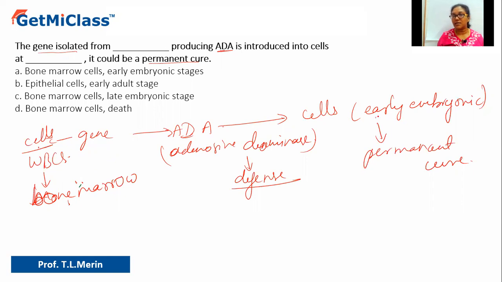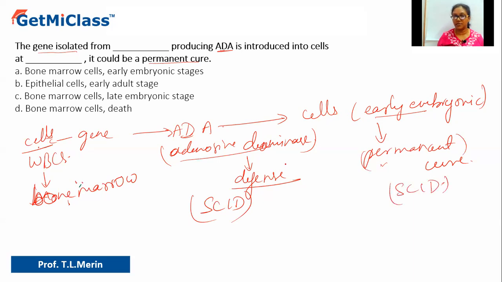So that now these embryonic cells will be capable of producing ADA enzyme, and hence their defense mechanism will be fine. Otherwise, it will lead to SCID, severe combined immunodeficiency disease, if this enzyme is not released. But since we are introducing the genes in the early embryonic stage, that can be a permanent cure for SCID.